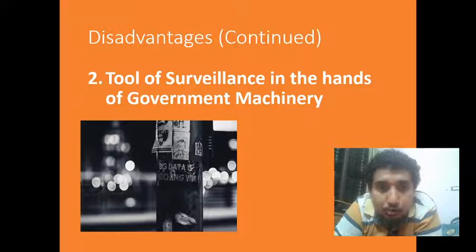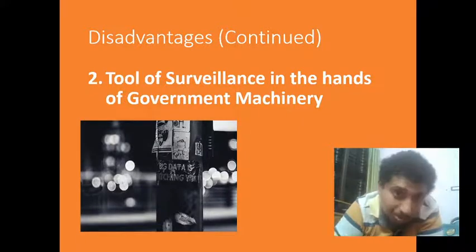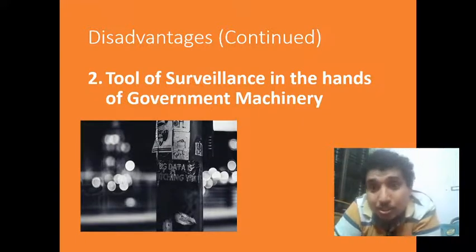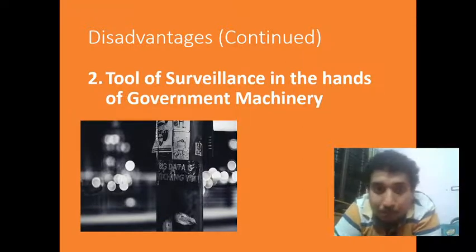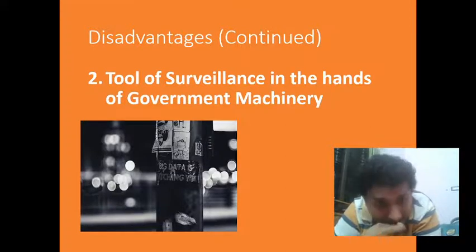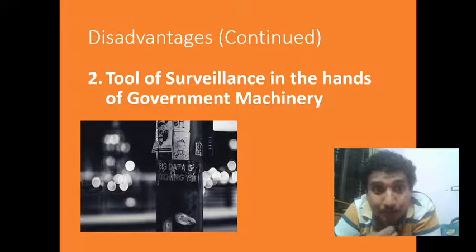If you look at Moscow, for example, after COVID, there have been lots of CCTV cameras. Now, this is good for COVID, but what if the government continues with such measures even after that, just to know if people are engaging in any activity that might be perceived as a threat to the government.